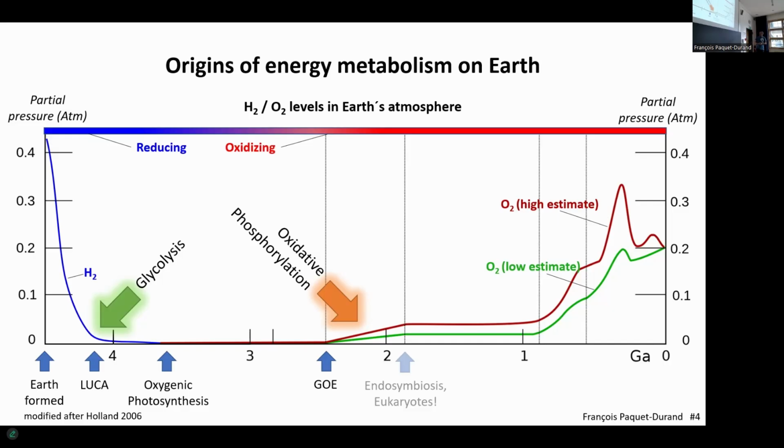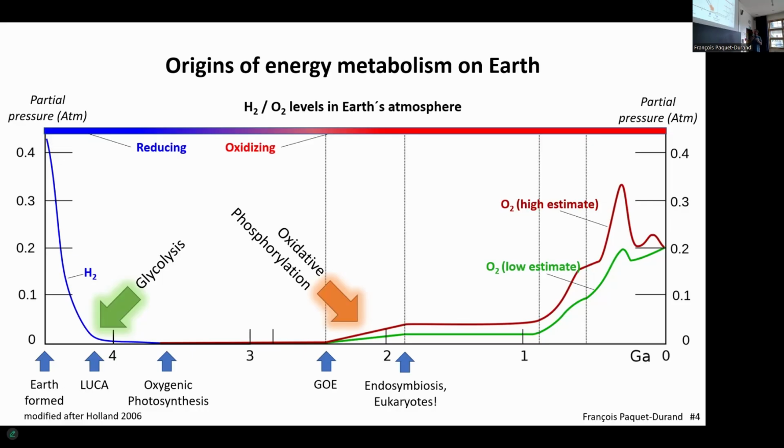Okay, so then something happens a little bit later on, endosymbiosis and the evolution of eukaryotes. So this is where oxidative organisms that mastered oxidative phosphorylation joined with other organisms that mastered glycolysis and formed a unit.